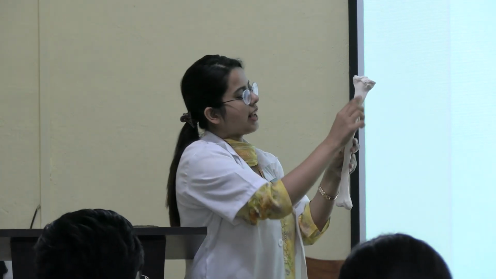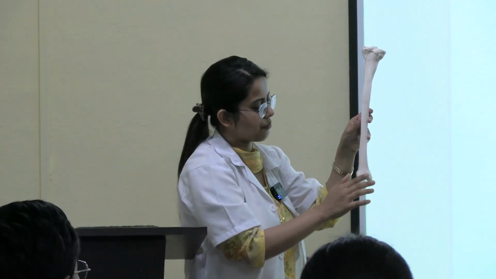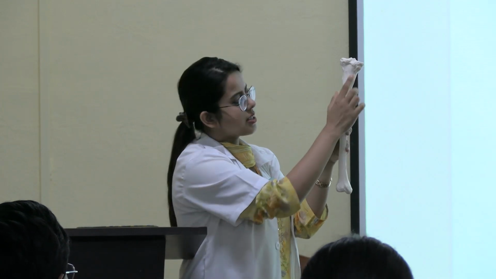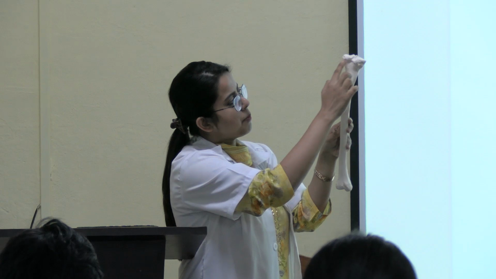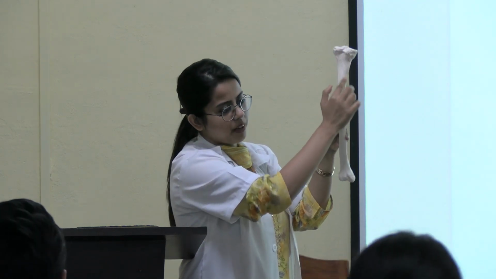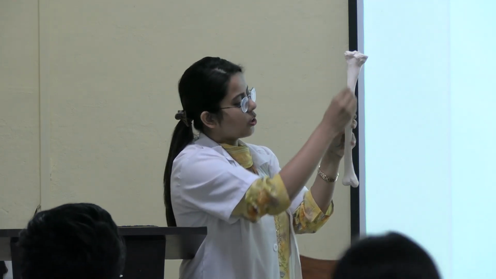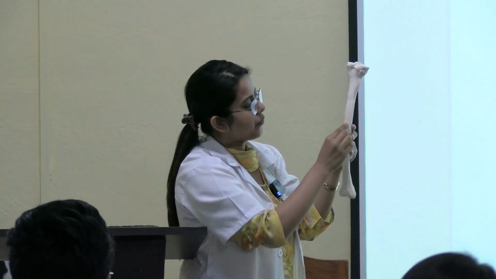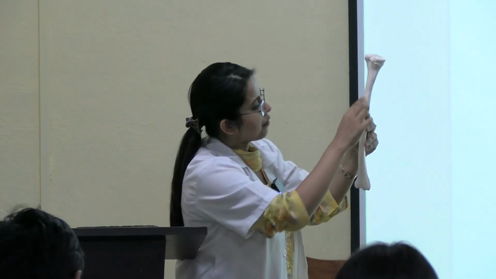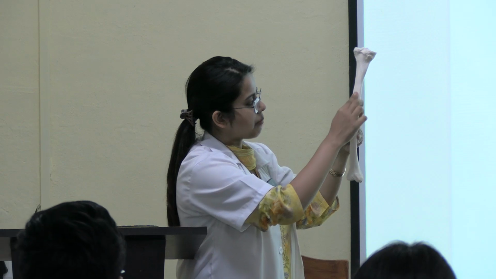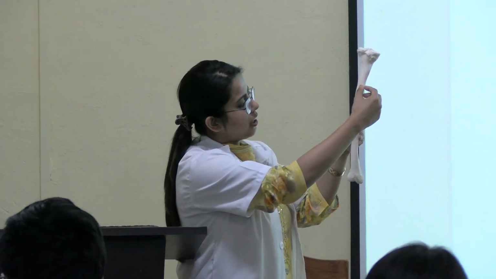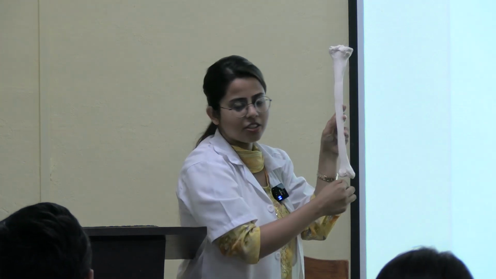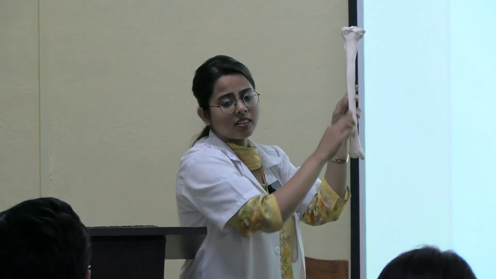Now this soleal line is dividing the posterior surface in two parts. This is the upper part and this is the lower part. This upper part, as you can see, is triangular in shape. And this lower part will be again divided by a faint ridge into, this is what part?